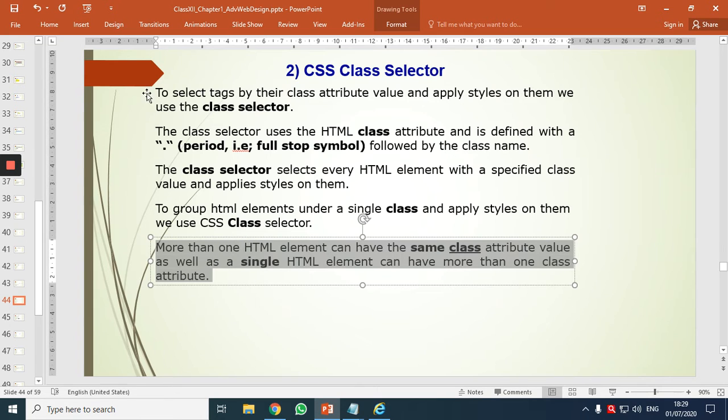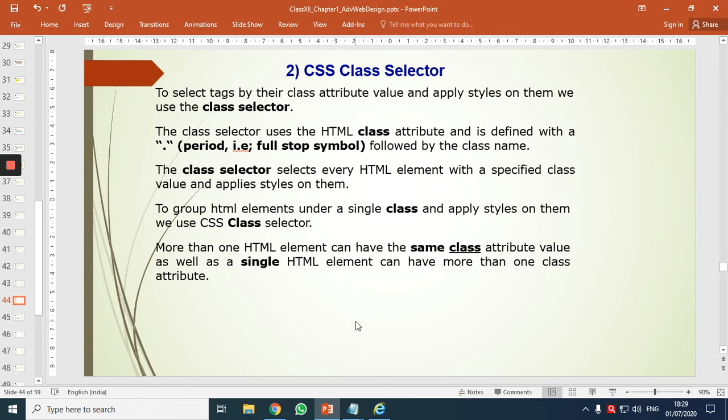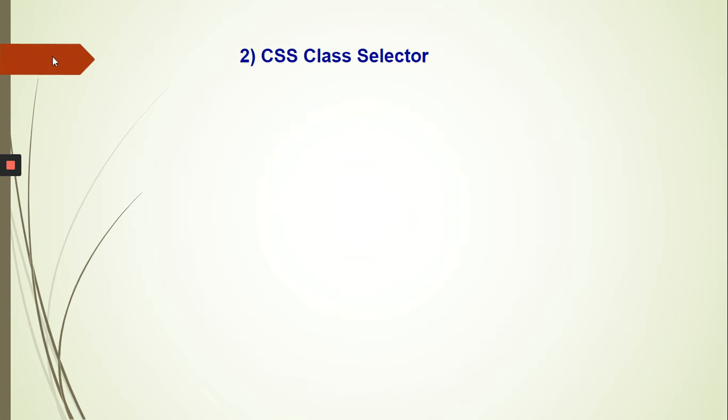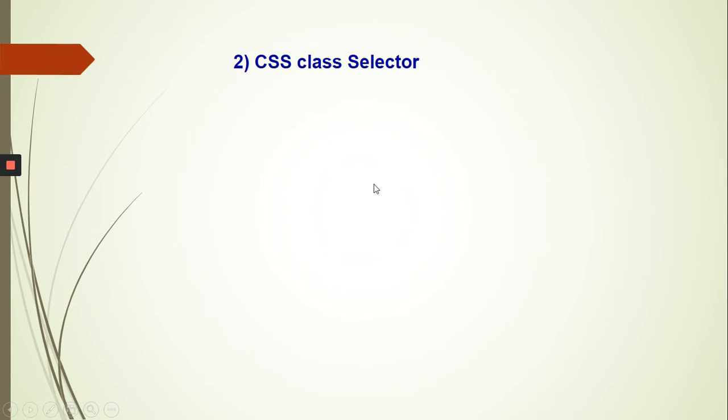We use the period, the dot, called a period, correct? So that is what we have done. And these are two important points. More than one element can have the same class, and a single element, a single tag, can have more than one class value. I hope class attributes are clear. So let us proceed further to which one? The ID selectors. Okay, so I'll go further. This we have covered in the previous section.